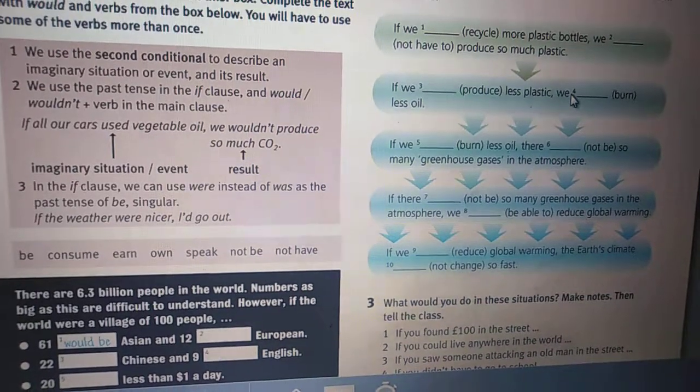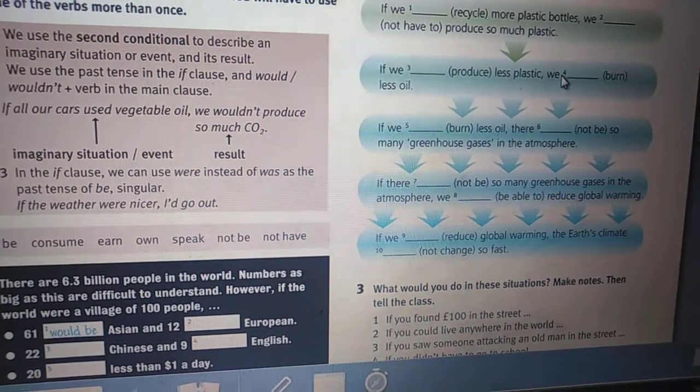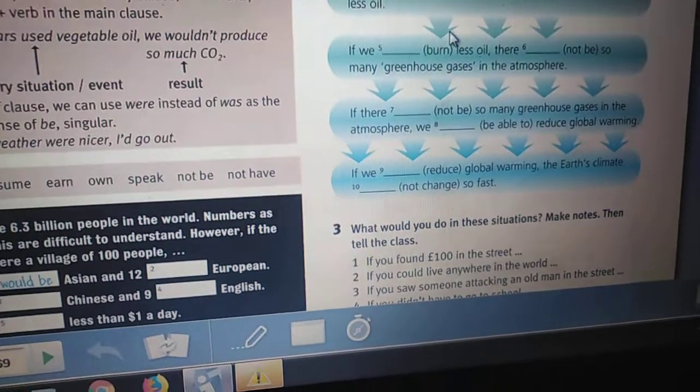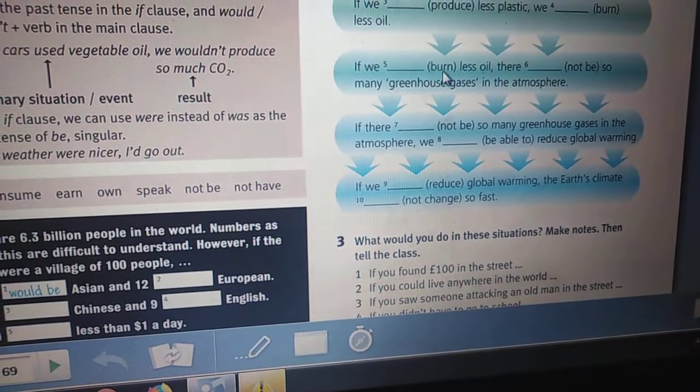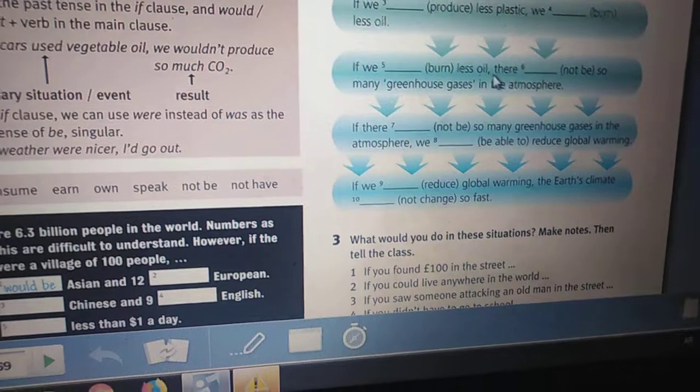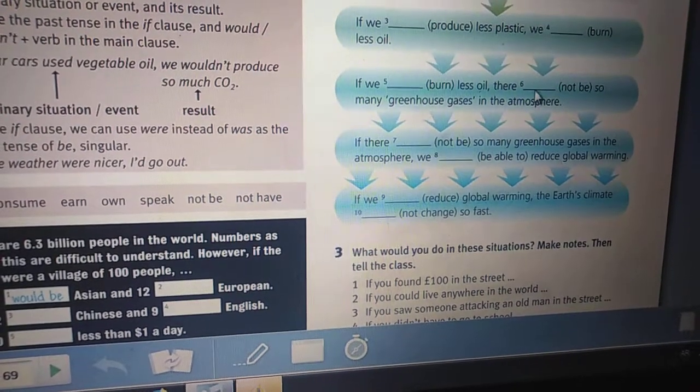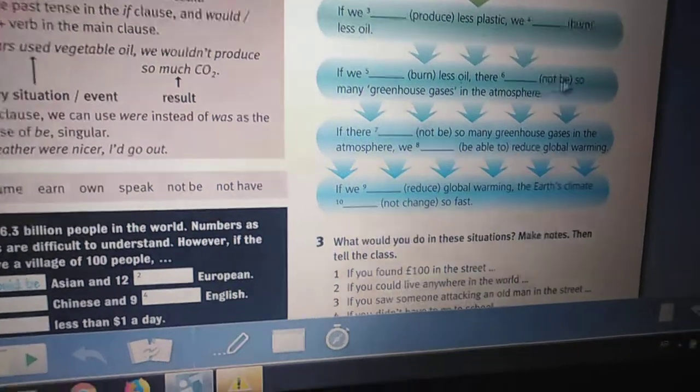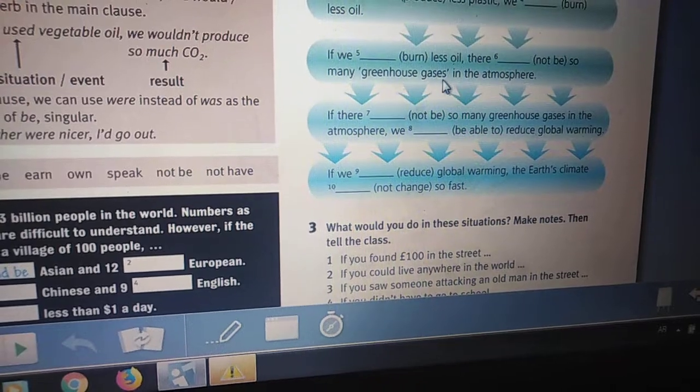less oil. If we burned less oil, there wouldn't be so many greenhouse gases in the atmosphere.